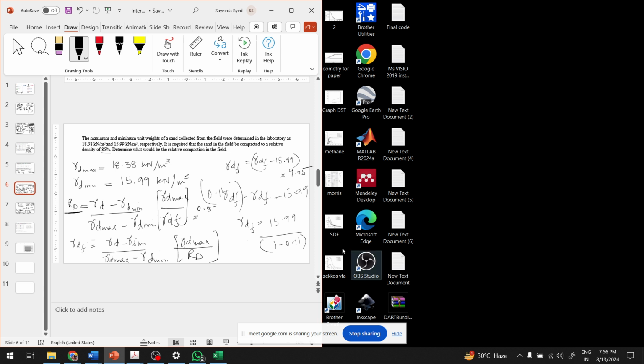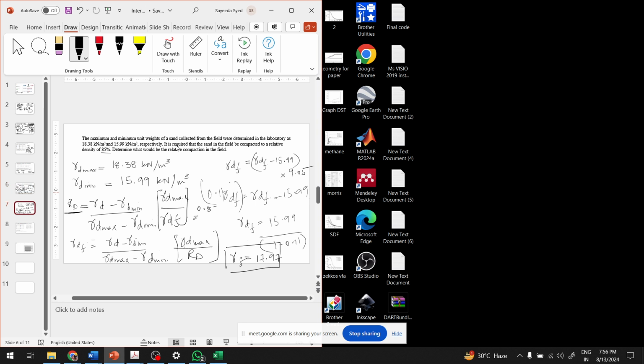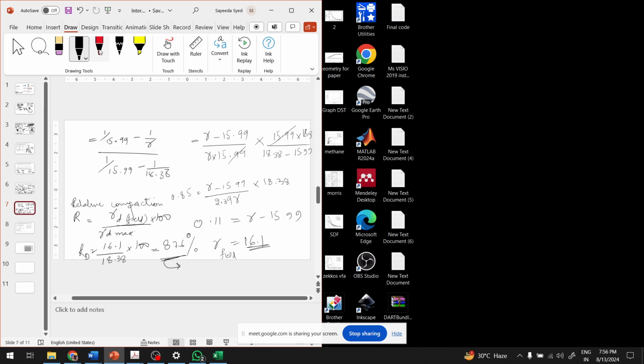Okay, so it comes out to be 17.97, gamma D field. So here we take this as 17.97, and this comes out to be not 87% but 17.97 over 18.28 into 100, which is 97.7%.